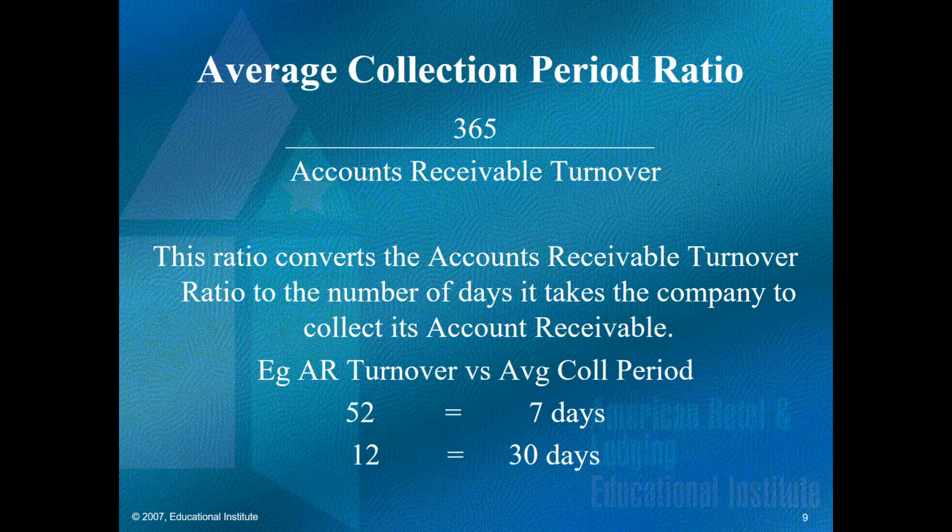So if you went to the bank and your average collection period was running somewhere between 45 and 90 days, that means that the people that you're selling to are paying slow. Okay, that's not good, right? Because you've got your monthly bills that you need to be paying, and most bills run on a monthly basis. So again, once we get over 30 days or a turnover ratio of 12, we got a problem.